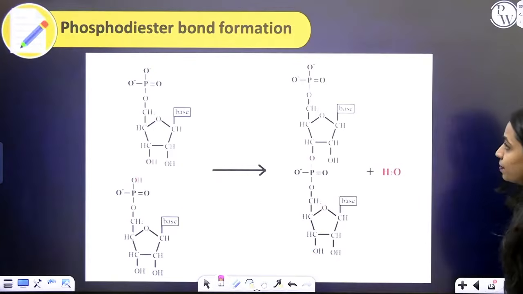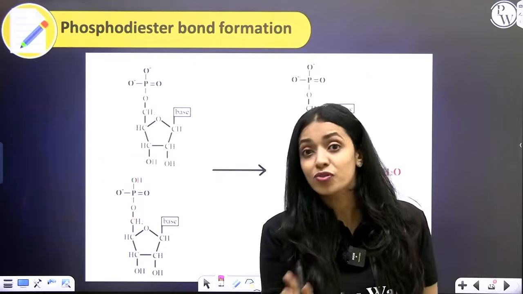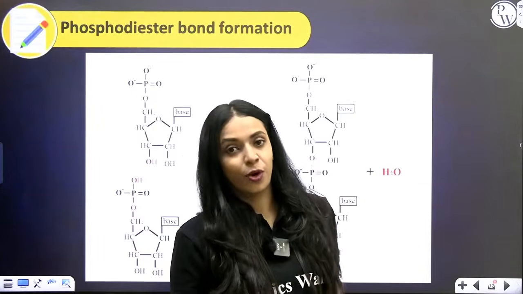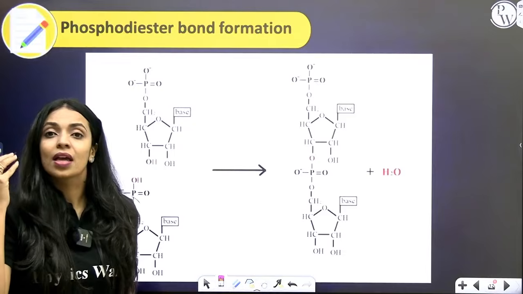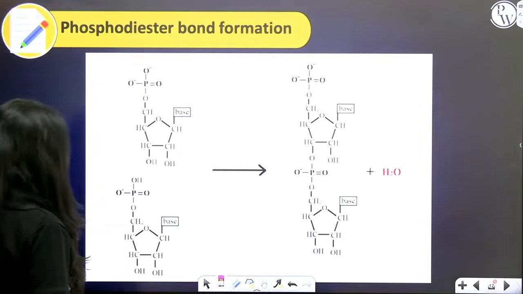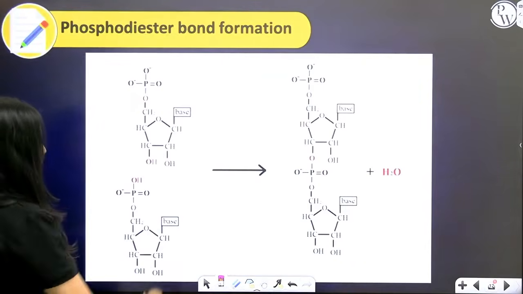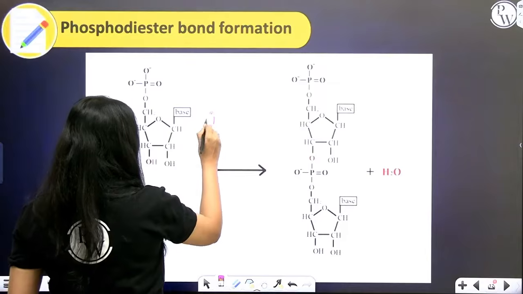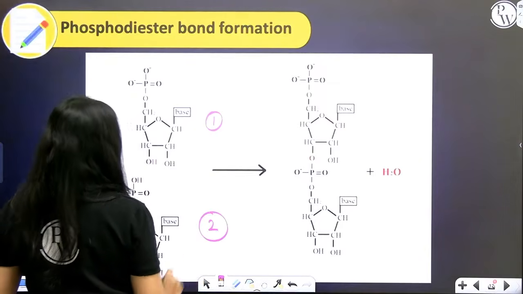Now let's talk about how exactly phosphodiester bond formation takes place. Where is the phosphodiester bond forming? It is forming in between two nucleotides. So let's consider two nucleotides over here. We have one RNA nucleotide here, the first one, and here we have the second one.